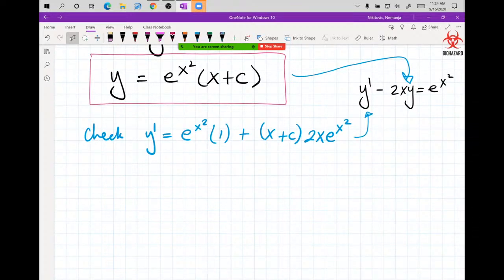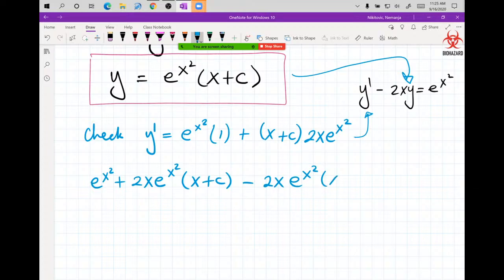So y prime is this long expression of e to the x squared plus 2xe to the x squared in parentheses x plus c, minus 2x, and then y is given as e to the x squared times x plus c, and all of that should be equal to e to the x squared.